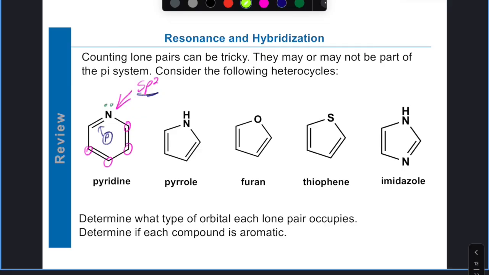These electrons here are in an sp2 hybrid orbital, like one of the sigma orbitals. The 2 carbon sigmas are sp2 hybrid, and the lone pair is in the sp2 hybrid orbital. Geometrically, it's sitting out, pointing away from the ring. That lone pair is not part of the resonance. It's just available out into space, basically like what should have been a hydrogen, but pointing out into space.